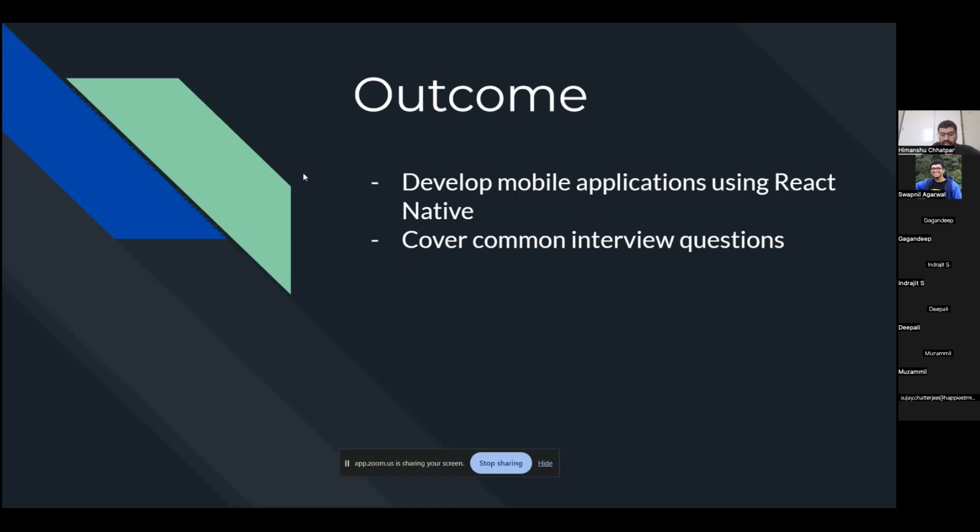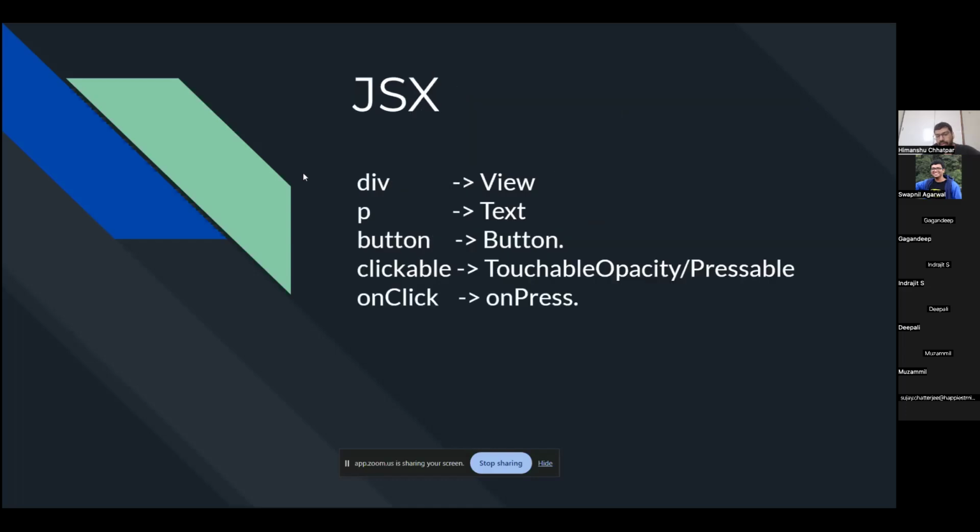The way I've structured it is, first I would like to code, and then I'll explain how React Native works. We'll cover the architecture and everything today, but I'll show that after I give you a basic idea of how the code works.